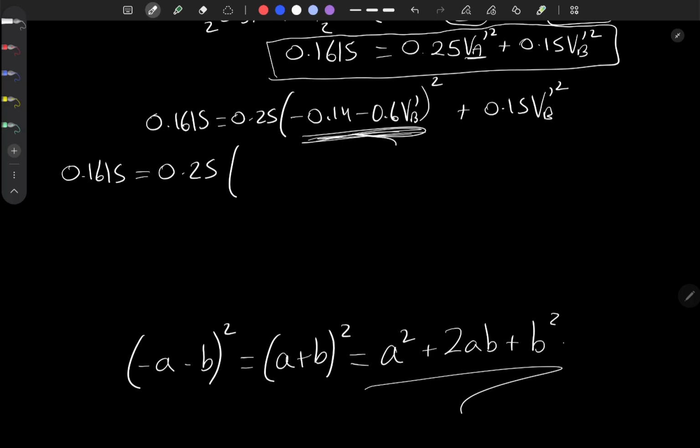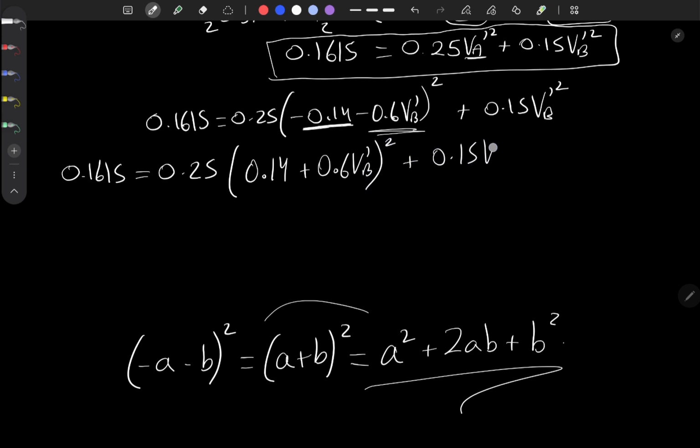So 0.25, let's first change it into a plus b all squared. So this looks like minus a, so we're going to turn it into just a, so it's going to be 0.14. This looks like minus b, so we're going to say that it's plus b, which is plus 0.6 v prime b. Okay, all of this is squared, plus 0.15 v prime b squared.